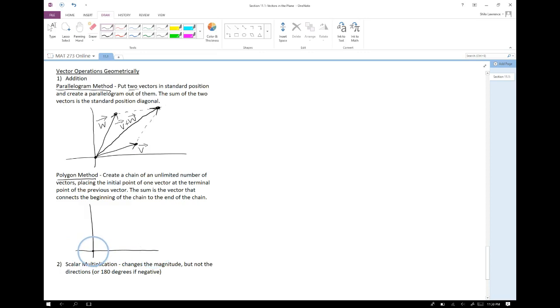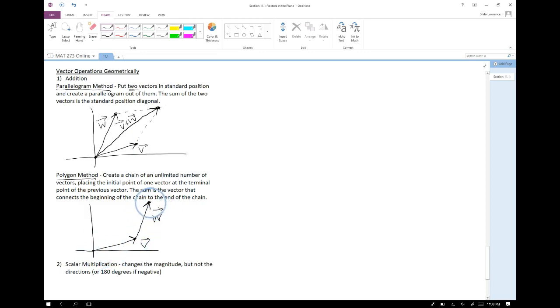So I'm going to try to draw these the same as I did above. So there's vector v. Instead of drawing w in standard position, I'm going to draw w where v ended. So I'm making a chain, kind of a head to tail chain. Where v ends, w starts.